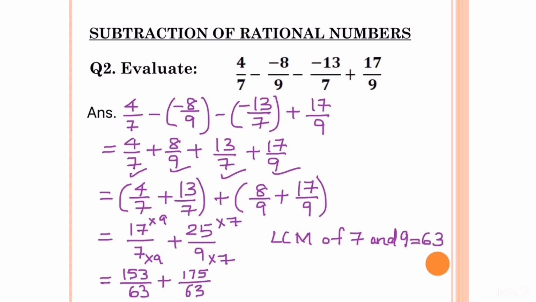This expression is equal to, 63 is the common denominator. We will add the numerators 153 plus 175. Adding the numerators we get 328 by the denominator, which is 63.